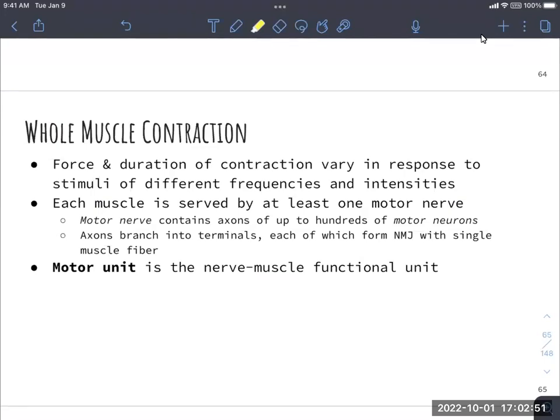We talked about the different muscle fibers coming together. The one nerve that comes to many different muscle fibers, that is technically called a motor unit. That is where that one nerve tells all the fibers that it attaches to contract. That is a motor unit.